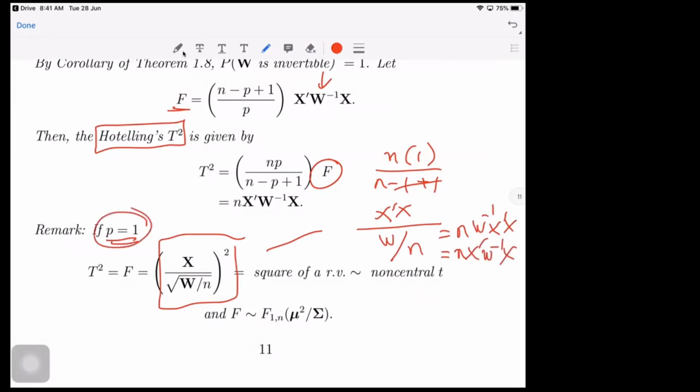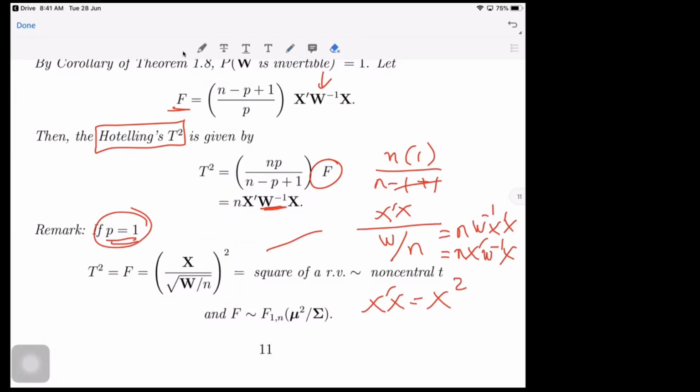But p is 1, so you can just swap them because p is 1. Are you with me? So this form here can just be written in this manner. So your x prime x, if it is univariate, that is the x squared. Are you with me? And then this is in the denominator, no?